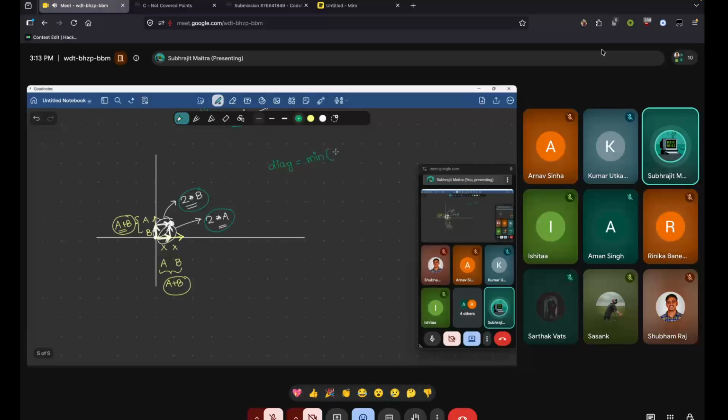That is min of 2 into B or 2 into A. Whatever is minimum. Suppose this path costs less for me, then whenever I need a diagonal step, I'll go like this only. Fine. Is it clear till this?